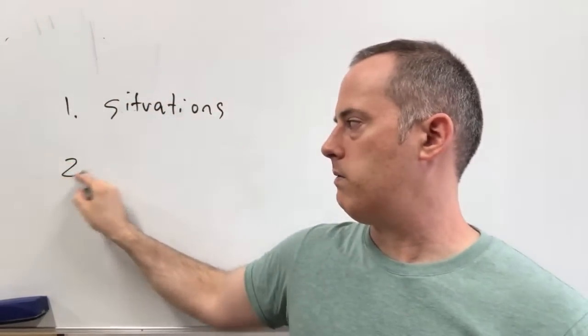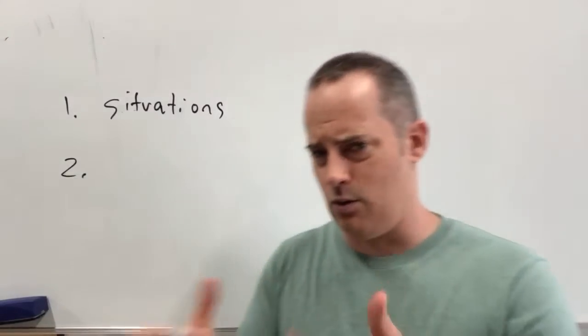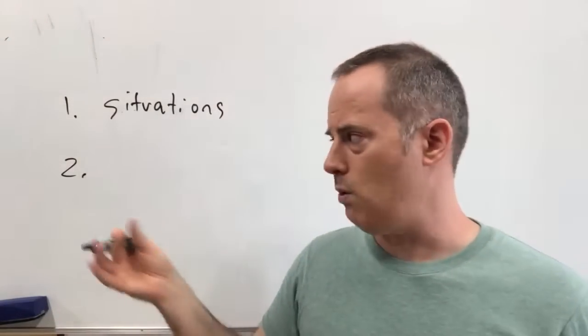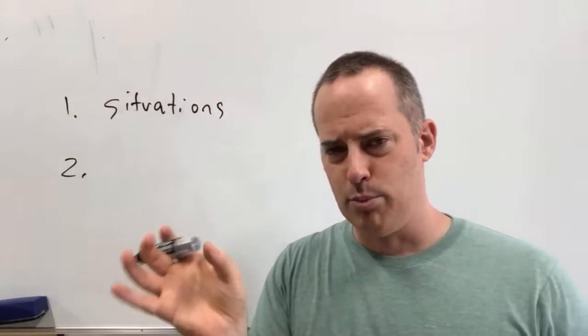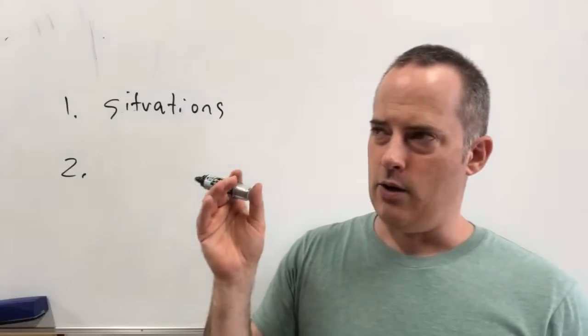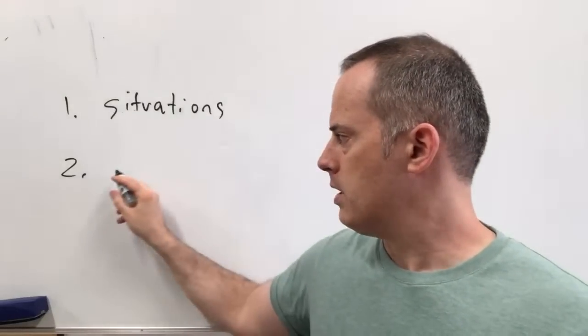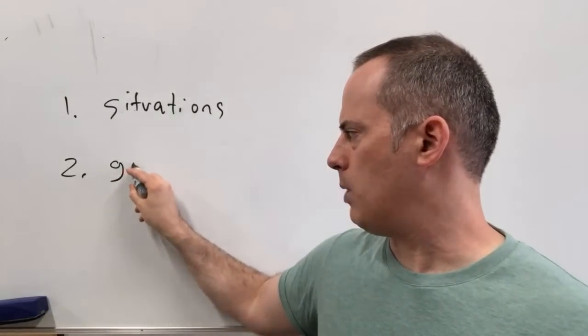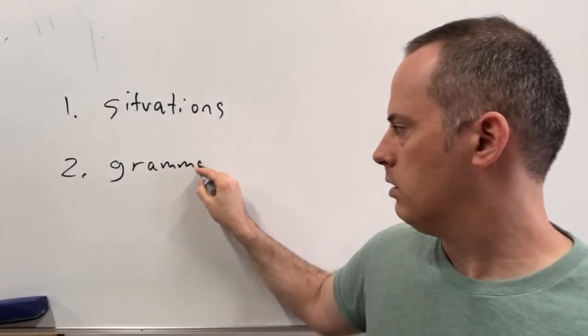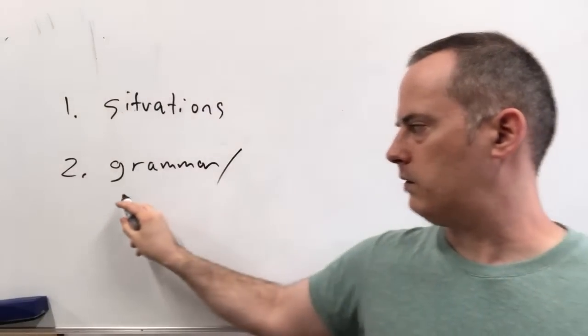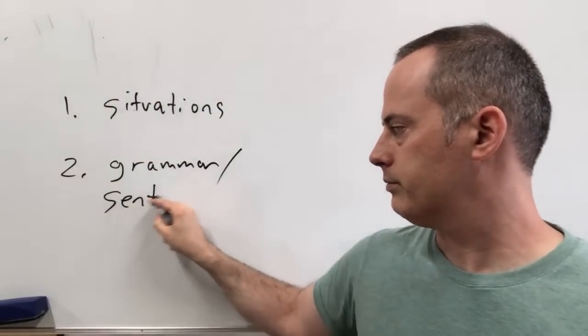And then we have specific grammar structures, where we're looking for how to say a particular thing, but you could use this in many different situations. So we'll talk about grammar, or we'll just say sentence structures.